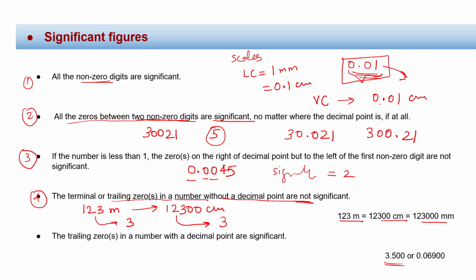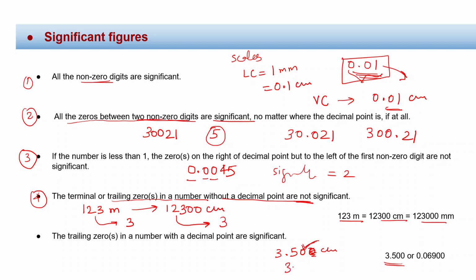But using these instruments, if I am measuring some length which comes out to be 3.5, using the vernier caliper I can go only till the hundredth decimal, that is up to 2 decimal digits. So if I'm using a vernier caliper, I can report a value of 3.50 centimeter. That's why here the 0 is significant.